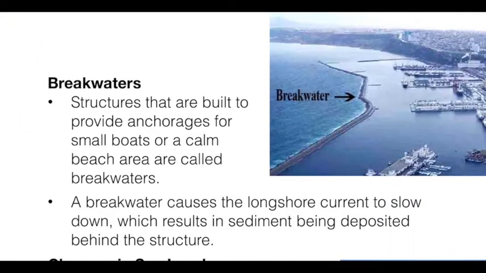Breakwaters are often put in large ports because if you have rough water and boats that are moored, those boats are continuously going up and down and sloshed around. So if you can catch the energy of the waves, then the water on the other side of the breakwater can be very calm. Lots of naval yards and things like that would have a breakwater. You can end up with lots of deposits of sand on one side.